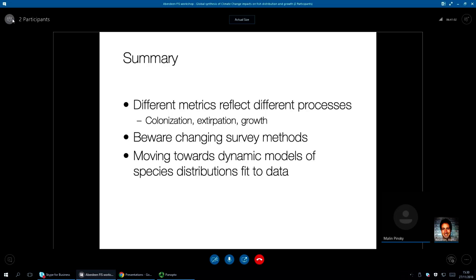Hey, Joey. Hi, so my question is related to a slide that you had on assumptions, and you mentioned this challenge of scaling from lab studies out to the field, and this idea that in the lab we're measuring the fundamental niche, but what we're observing in the field is the realized niche.